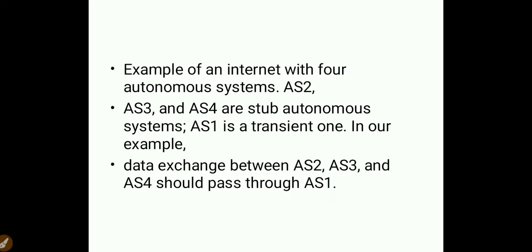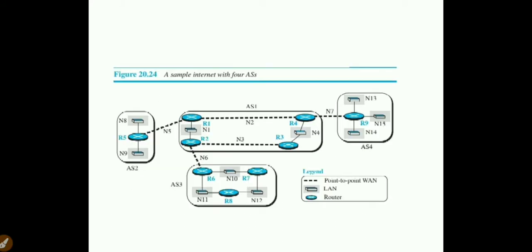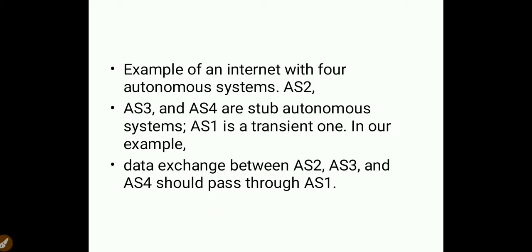So in this example we have taken 3 autonomous systems, AS2, AS3 and AS4. All these 3 are called stub autonomous systems, and there is only one transient autonomous system, AS1, that acts as an interface for all the 3 autonomous systems. This helps to communicate from any one autonomous system to another autonomous system. Is this clear?